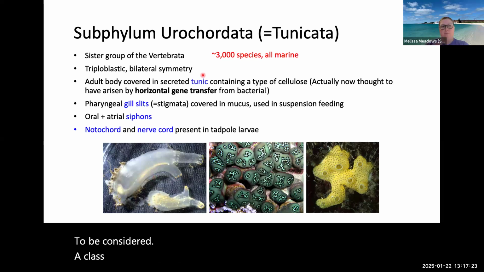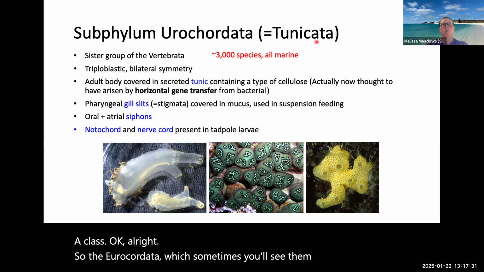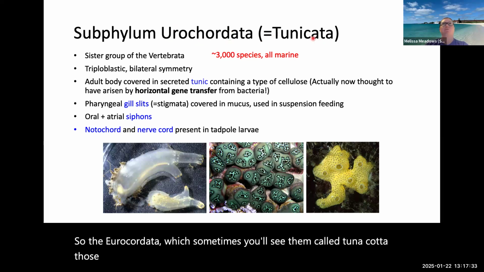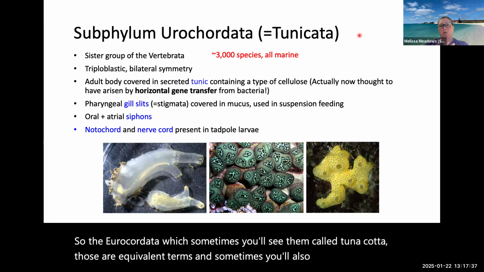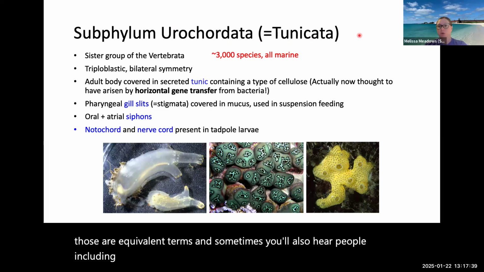Okay. All right. So the urochordata, which sometimes you'll see them called tunicata, those are equivalent terms. And sometimes you'll also hear people, including me, use the common name tunicate to refer to all of the Urochordata.